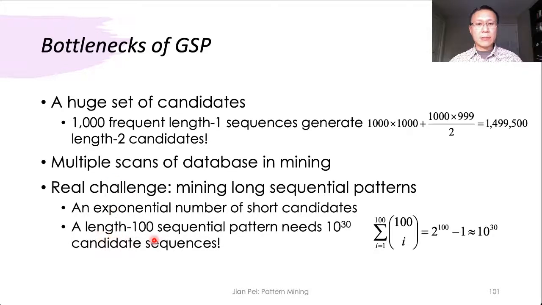Just consider a situation where we have a sequential pattern of length 100. Then we need at least 10 to the power of 30 candidate sequences, if those 100 items appear in one element. If they are not in the same element, indeed the combination is even more.